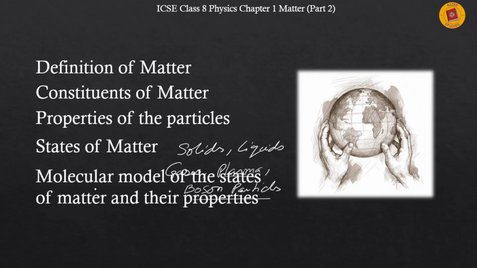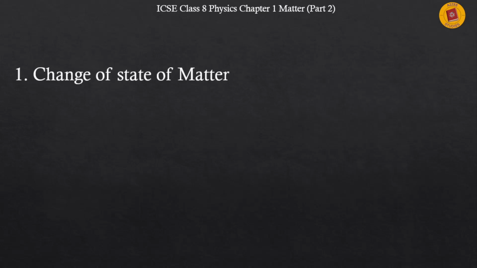Next, molecular model of the states of matter and their properties. Now in this video, we are going to learn the details about the change of state of matter, how matter changes from one state to another.